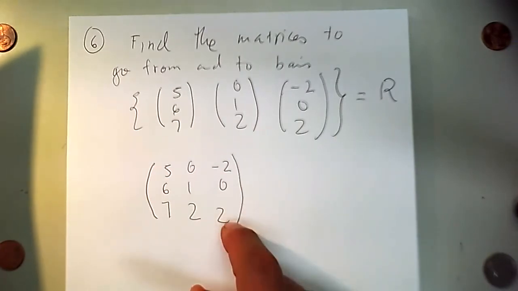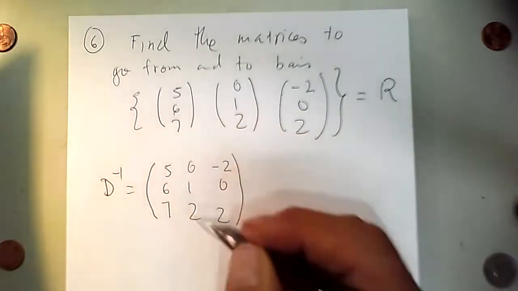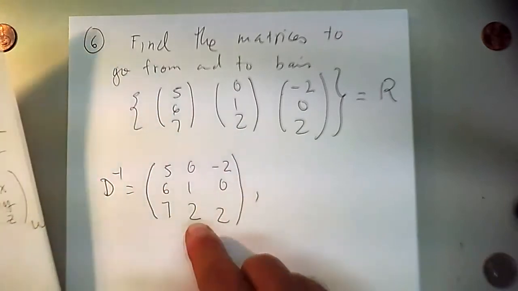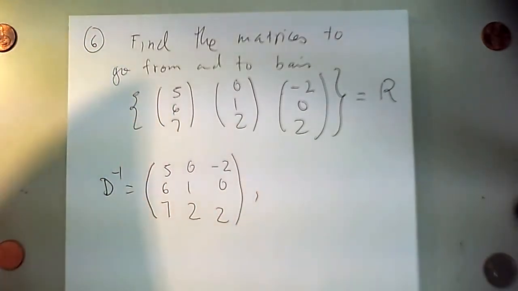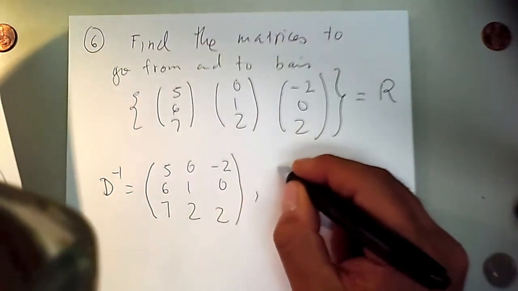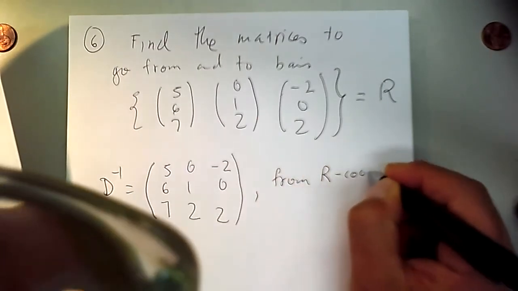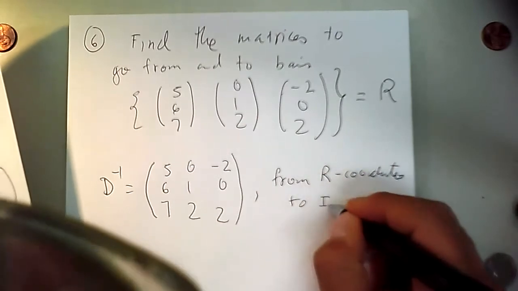Let's call it D inverse. And what does D inverse do? It takes us from our coordinates to I coordinates.